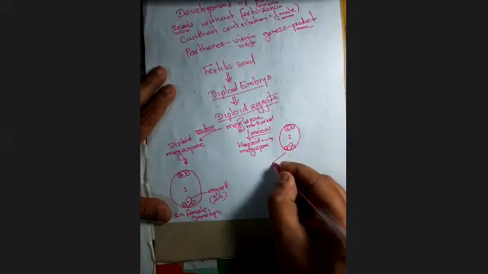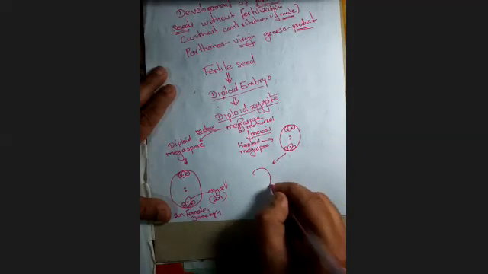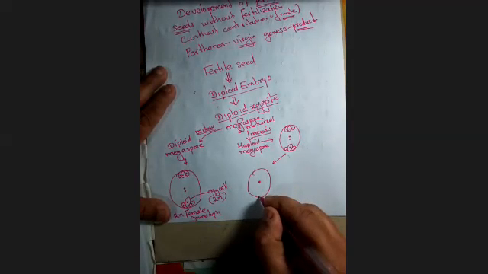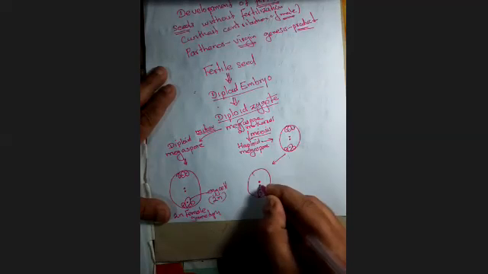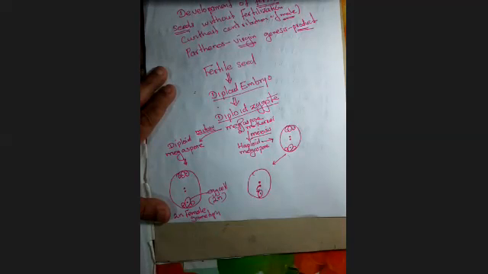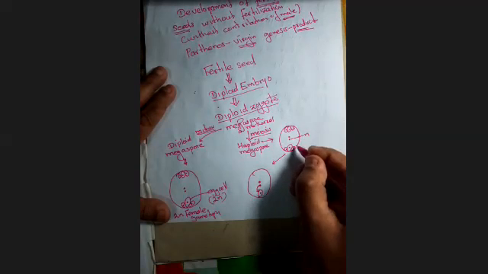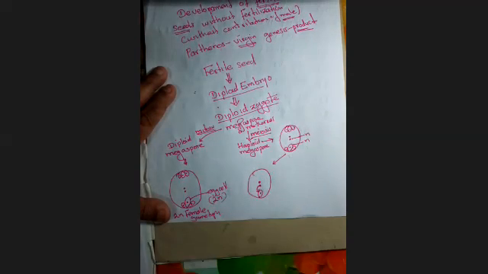Here one event that occurs is that one of the polar nuclei fuses with the egg. Polar nucleus is N, egg is also N. Who two are fusing? The polar nucleus and the egg cell.